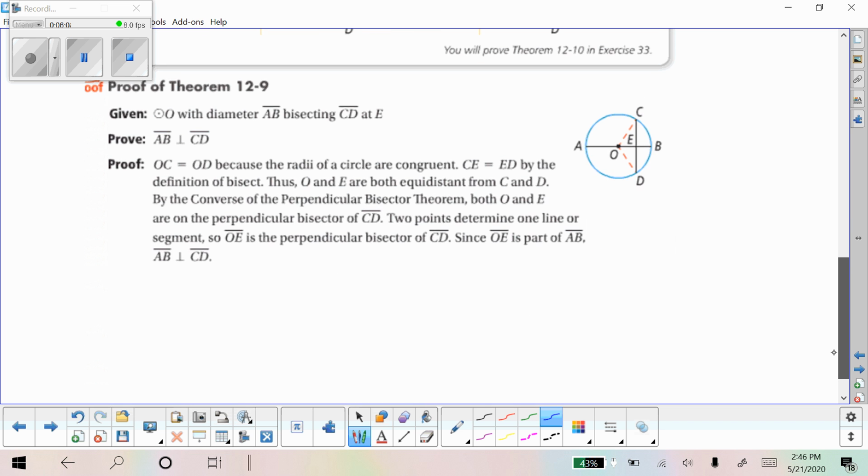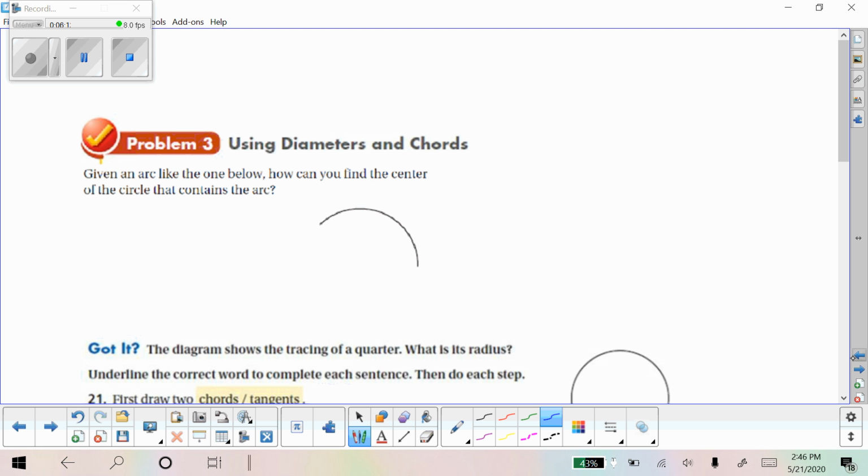Okay. So given an arc below like the one, how can you find the center of the circle that contains the arc? So here's what I'm thinking. Draw yourself a chord and then bisect that chord. So draw the perpendicular bisector of that chord.